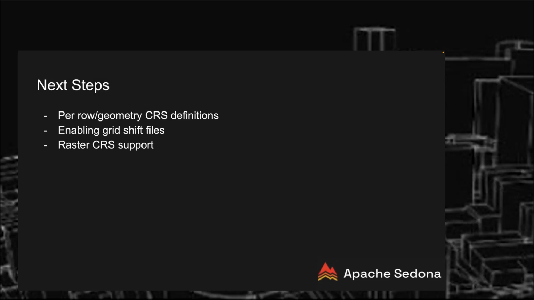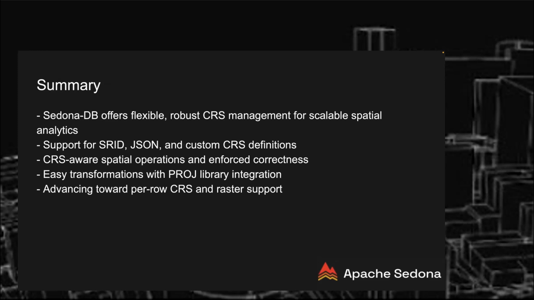And that is pretty much it. So in summary, Sedona offers flexible, robust CRS management for scalable spatial analytics. We have multiple options for CRS specifications: SRID, JSON, custom definitions. We have CRS-aware spatial operations, which ensure correctness, and easy transformations through the PROJ library integration, giving you the precision that you need.